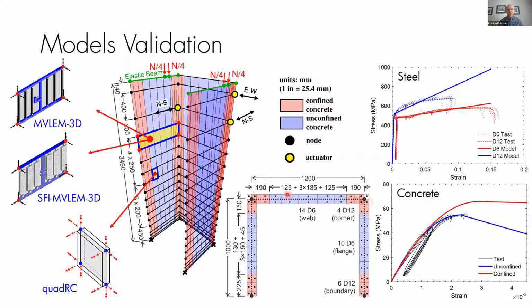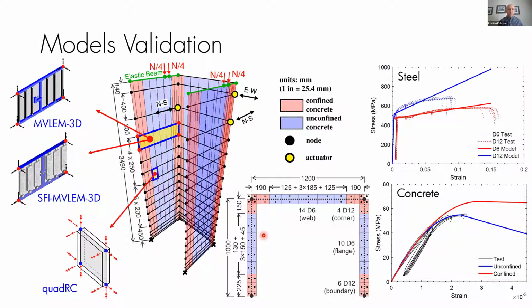In a cross section, we have confined and unconfined concrete, and we calibrated material models using procedures that are explained in those papers, basically trying to match the as-tested material behavior for steel coupons or concrete cylinders, right? Of course, we have accounted for confinement as well.